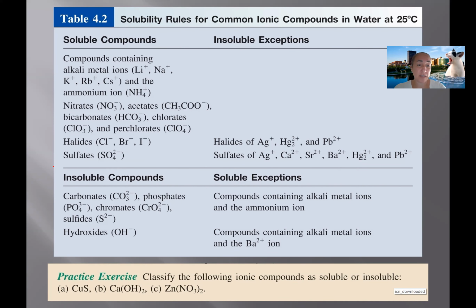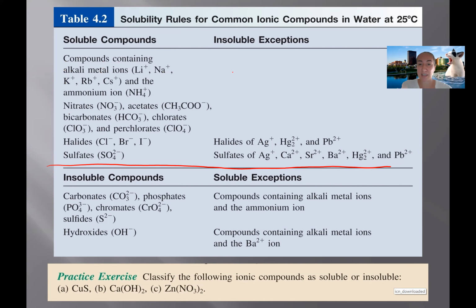If you notice, this chart splits it in half. Anything on the top of the red line tells you that compounds containing alkali metals are always soluble. Everything on the left is soluble, but then you have certain exceptions. The exceptions are on the right.